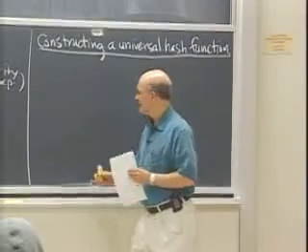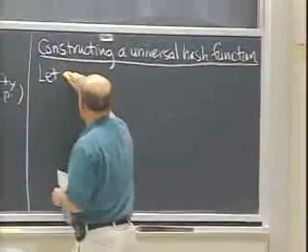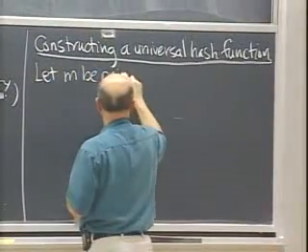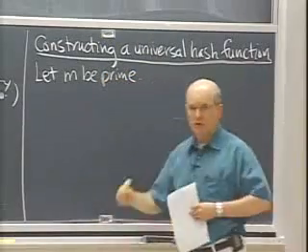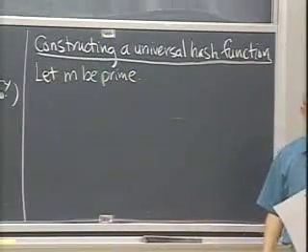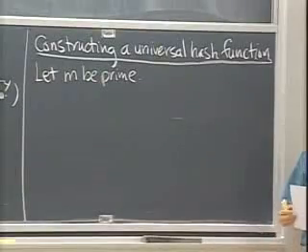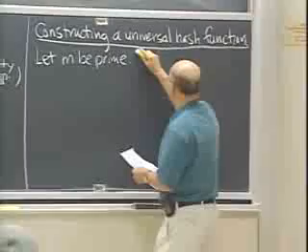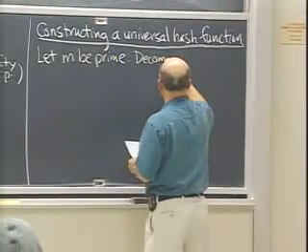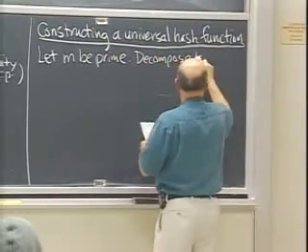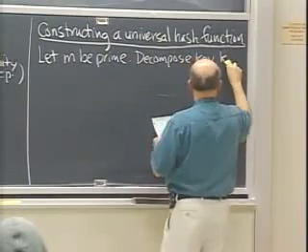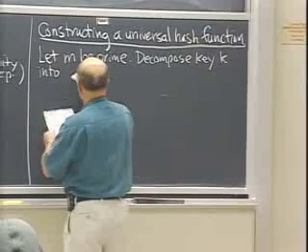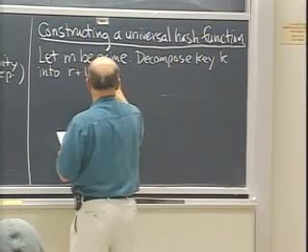So this one works when m is prime. It works when the number of slots is a prime number. The idea here is we're going to decompose any key k in our universe into r plus 1 digits.